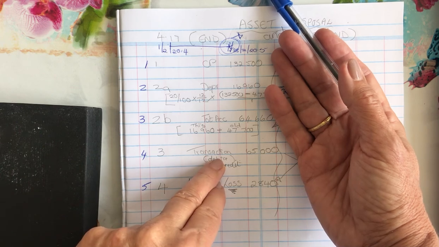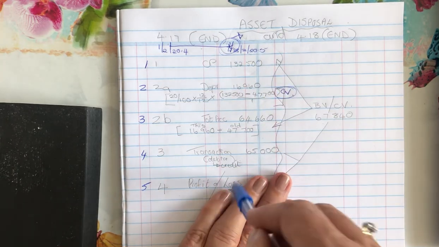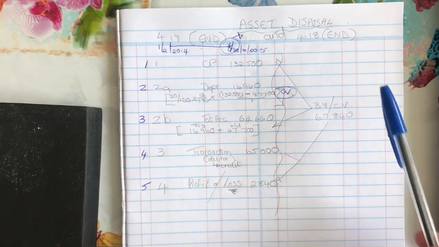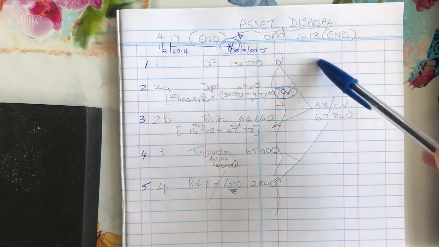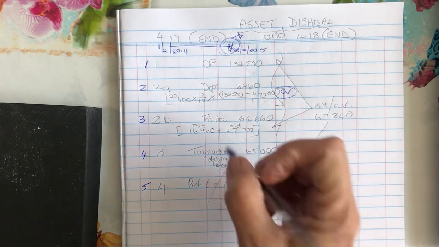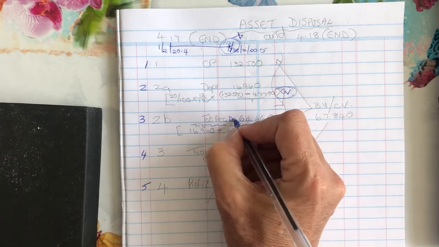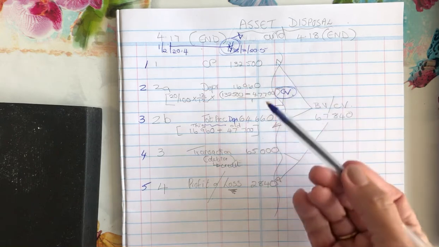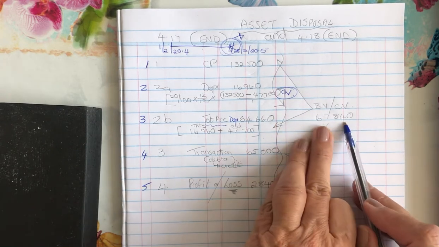Okay, now, did we make a profit or did we make a loss? How will we do that? Well, if you want to work out the book value, you take cost price minus total accumulated depreciation. So that minus 64 is 67,840.